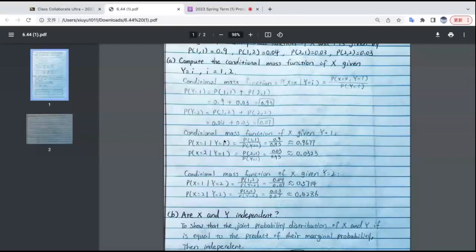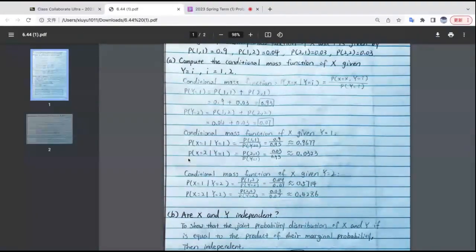So the conditional mass function of x given y equal to 1, which is the probability of x equal to 1 given that y equal to 1, is equal to the probability of (1, 1) over the probability of y equal to 1.